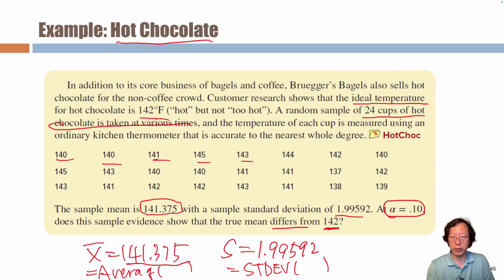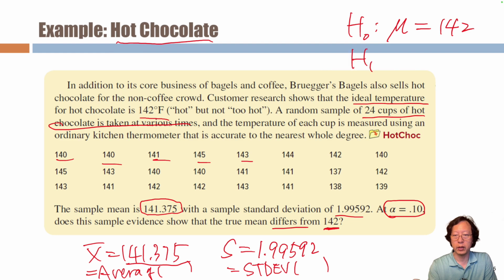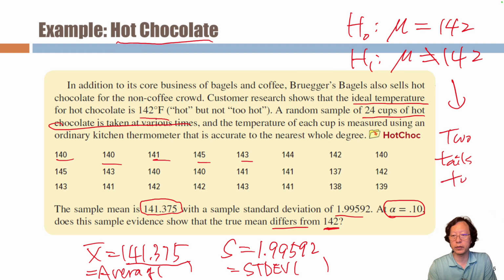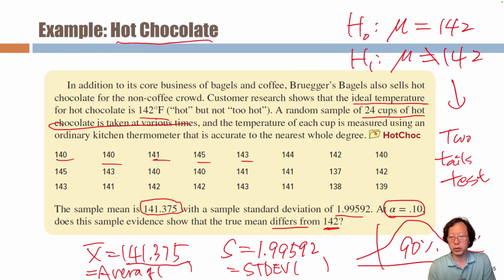So our null hypothesis will be mu is the same as 142, and the alternative hypothesis will be that it's not the same, which means again this is a two-tail test. So the graph will look like this, and this will be the 90%, which means this is 5 and this is 5.